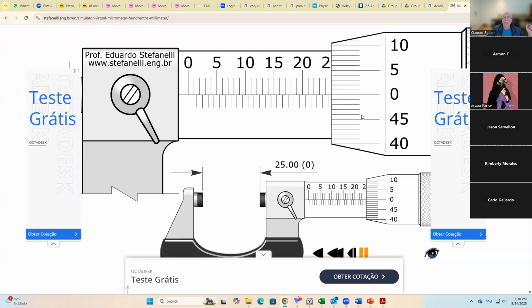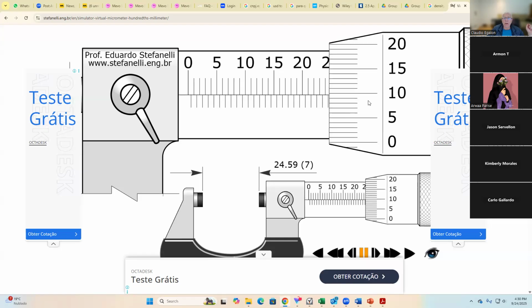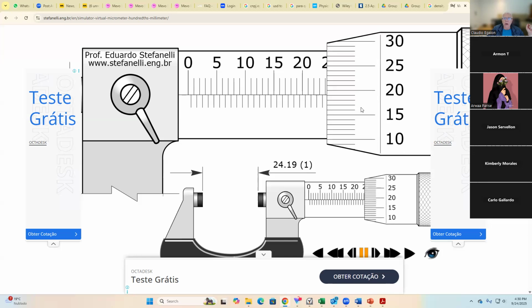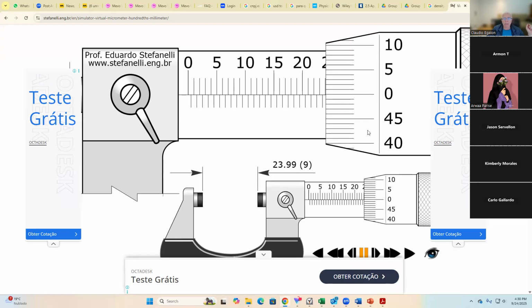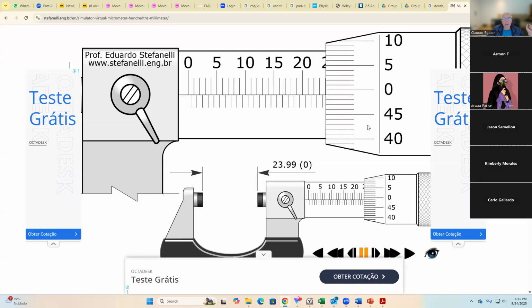And one full rotation of this radial scale corresponds to half of a millimeter displacement, okay? So half millimeter, 50 divisions. 1 division, 100th of a millimeter. We have been able to build something like that with current technology.